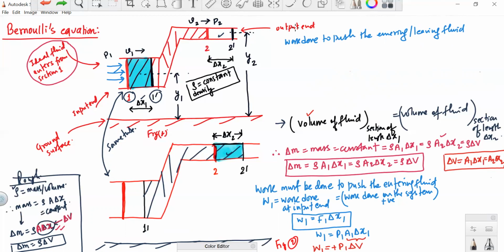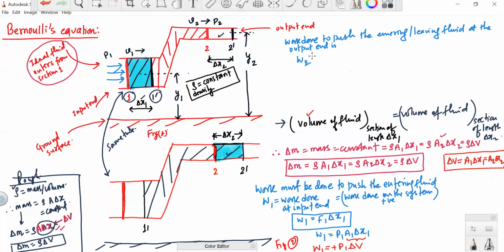So fluid leaves from section 2, okay? So work done to push the emerging or leaving fluid at the output end is, let's say, W2.